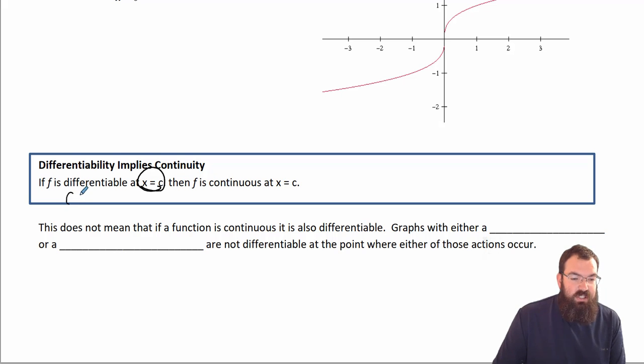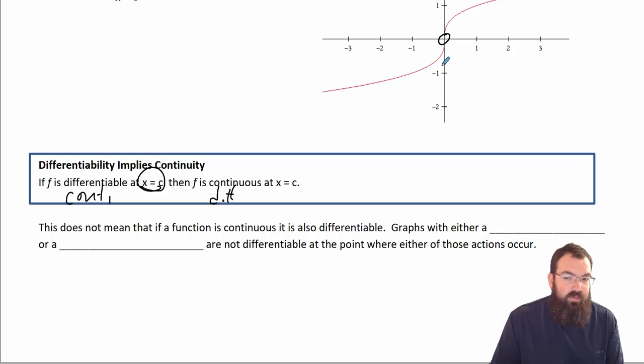If you said if it's continuous, then it's differentiable, well, that's not true. Because this function here is continuous at x equals 0, but it's not differentiable at x equals 0. And the same thing with that absolute value graph of x minus 2. It's not differentiable at x equals 2, but it is continuous there. So this does not mean that if a function is continuous, it also is differentiable.